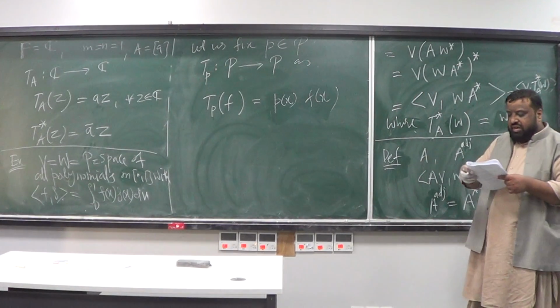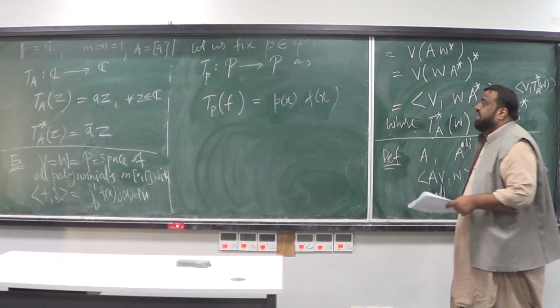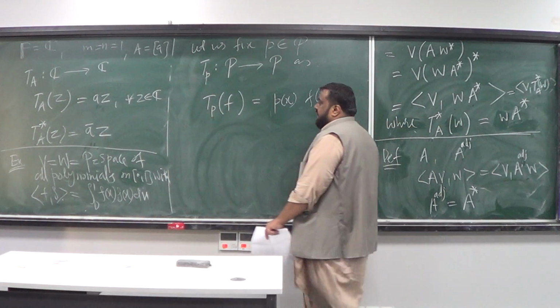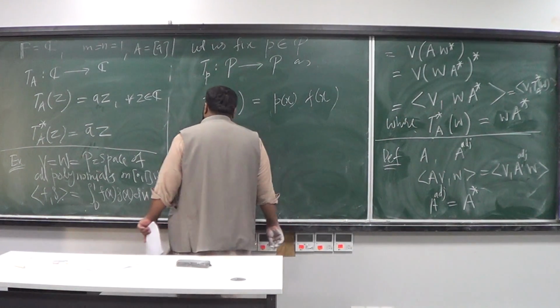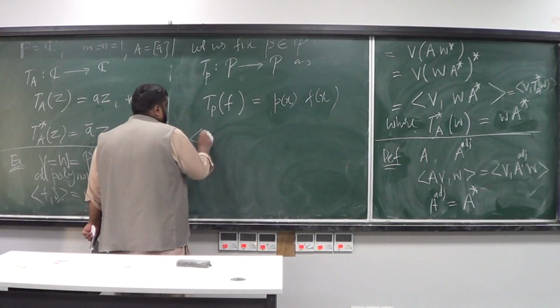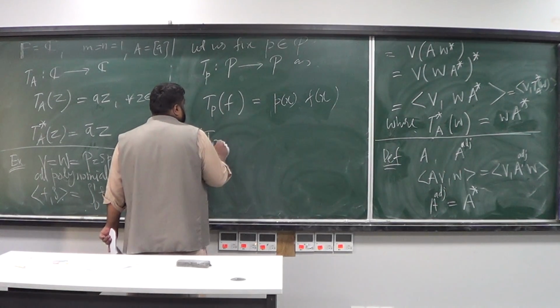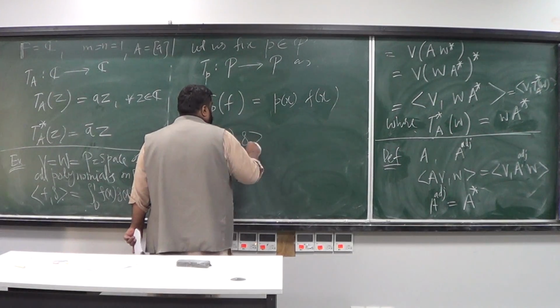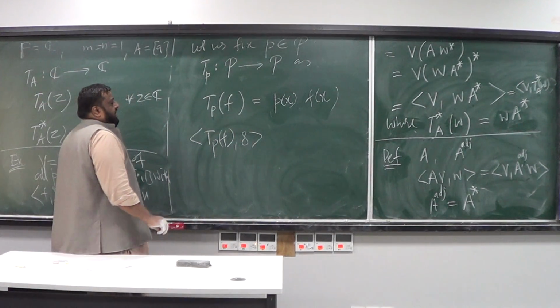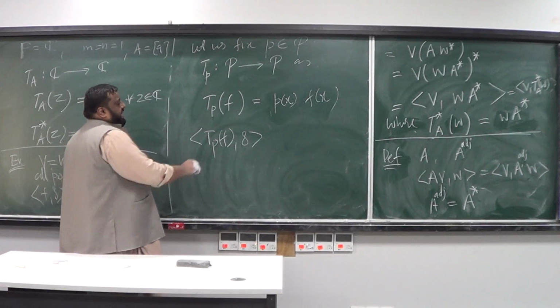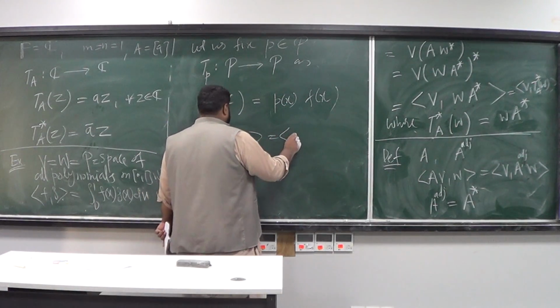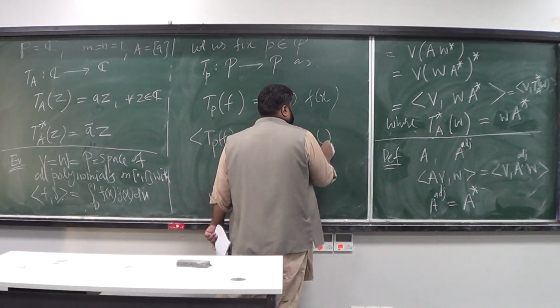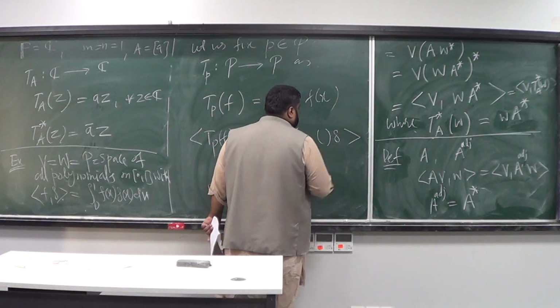And what I would like to do is find the adjoint of this operator. So here's the thing. Let's calculate the inner product of T_p of f with g, and I want to rewrite it as something f with something operated onto g.